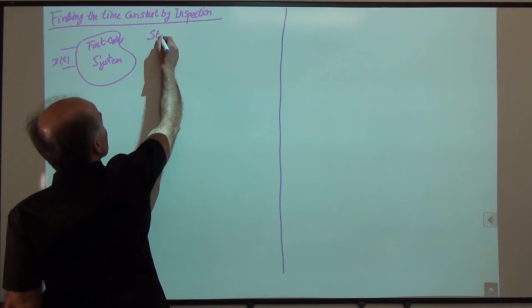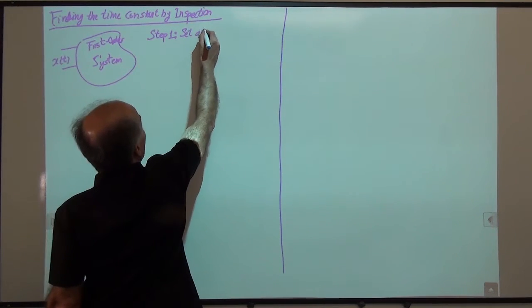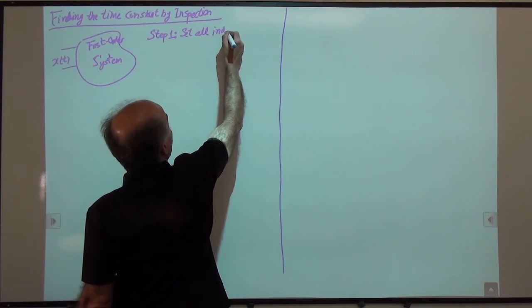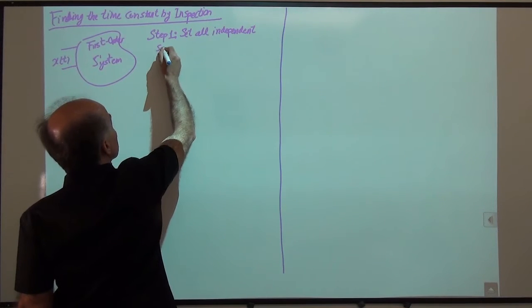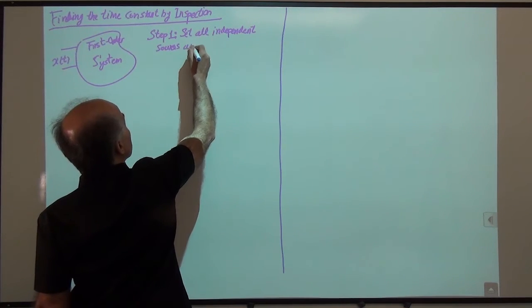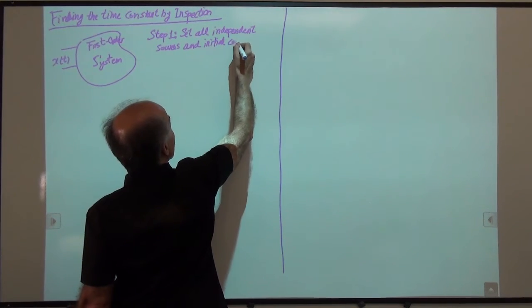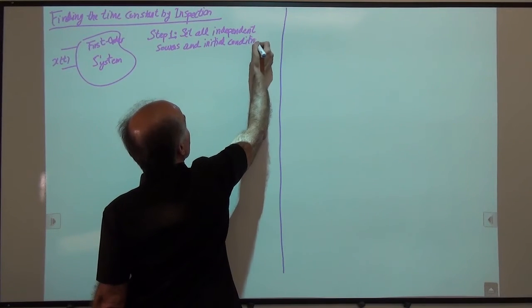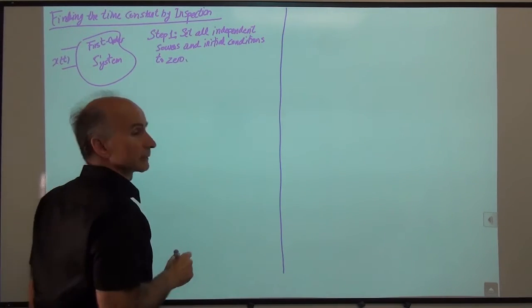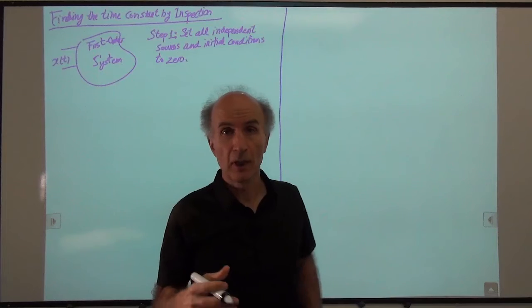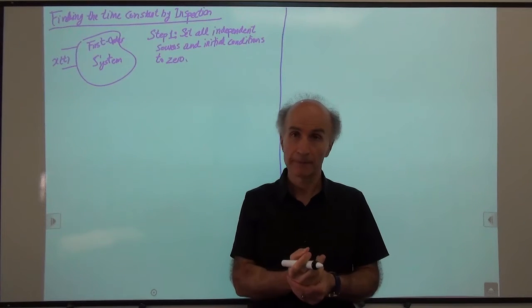Step 1: set all independent sources and initial conditions to 0. This is reminiscent of what we did for finding the Thevenin resistance or Norton resistance, right? We set all the independent sources to 0.